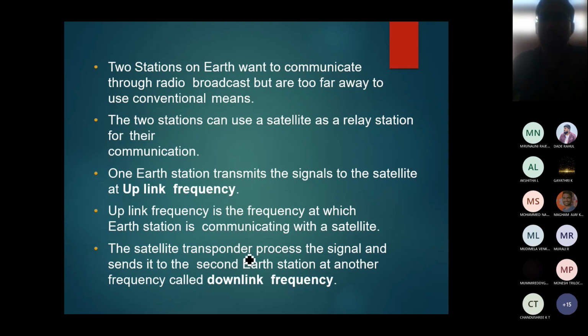That means the satellite transponder processes the signal, which is the signal coming through the uplink frequency. That signal will be processed by the satellite and transmitted to the second earth station. So that communication happens through the downlink frequency.